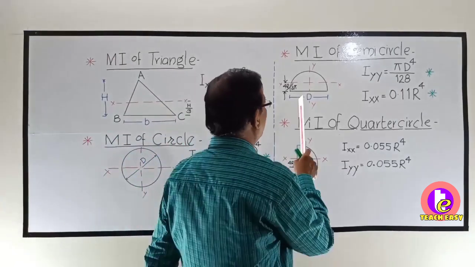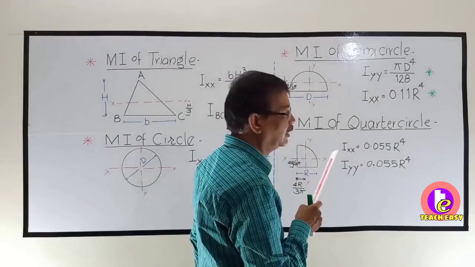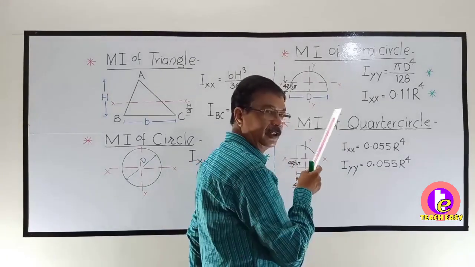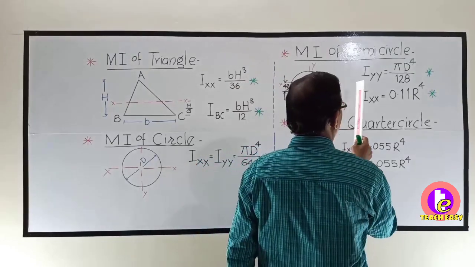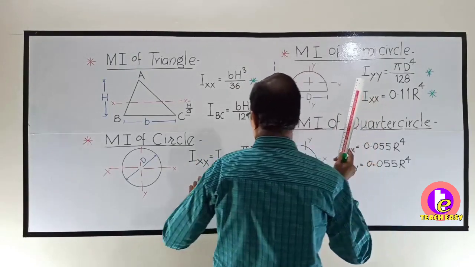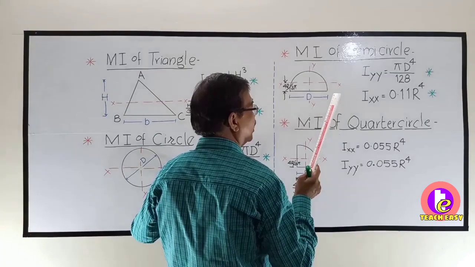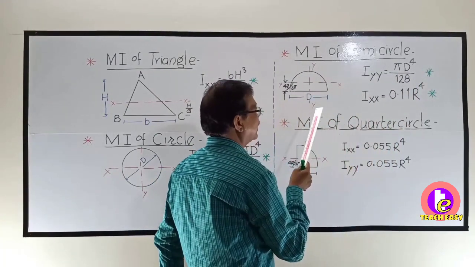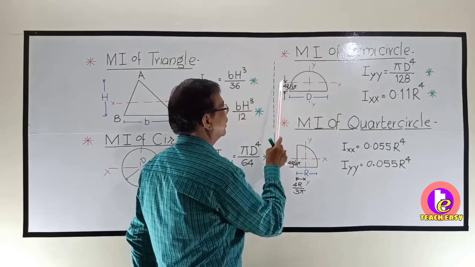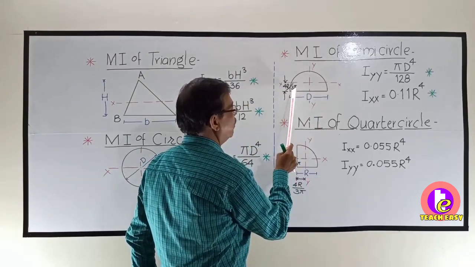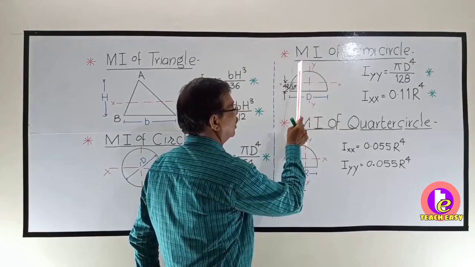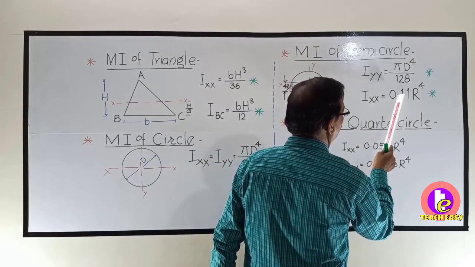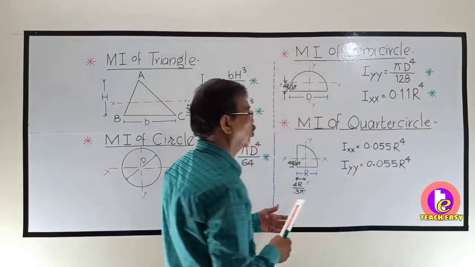Moment of inertia of a semicircular lamina, due to disposition only half the area is distributed on one side of the axis. Iyy will become half of Iyy for the full circle, that is pi d raised to 4 upon 128. And then using the parallel axis theorem, I about base is equal to Ixx plus area into h square. We get Ixx is equal to 0.11 r raised to 4.